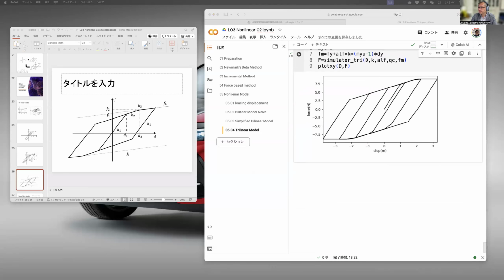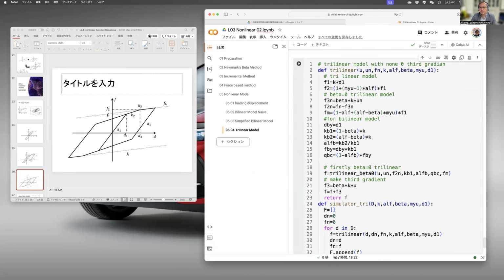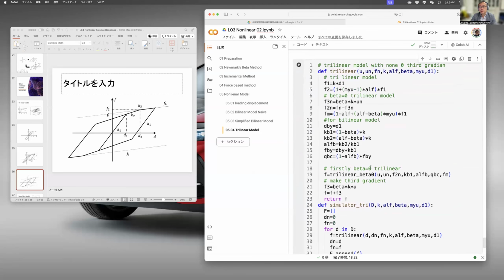Or you need some training model that is the third gradient is not equal to 0. So we will need to do something more.